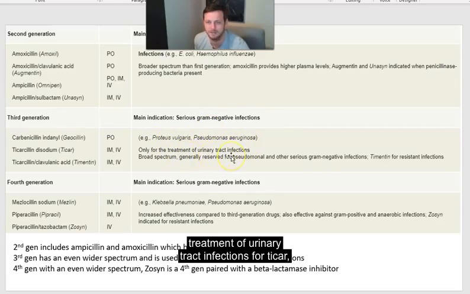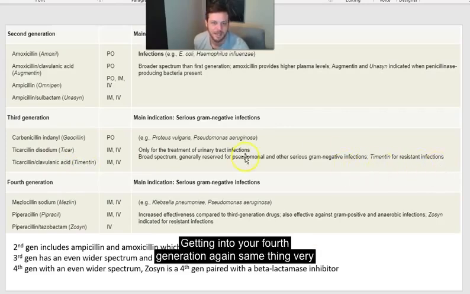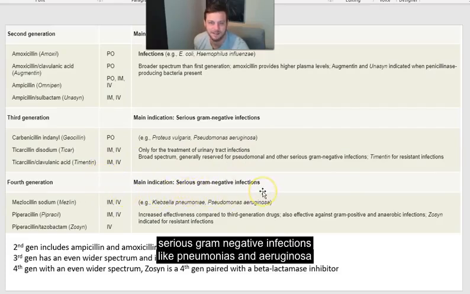Only for the treatment of urinary tract infections for TICAR, broad spectrum, for pseudomonal infections, for Timentin, also Timentin for anemia-resistant infections. Getting into your fourth generation, again, same thing, very serious gram-negative infections, like pneumonias and aeruginosis.